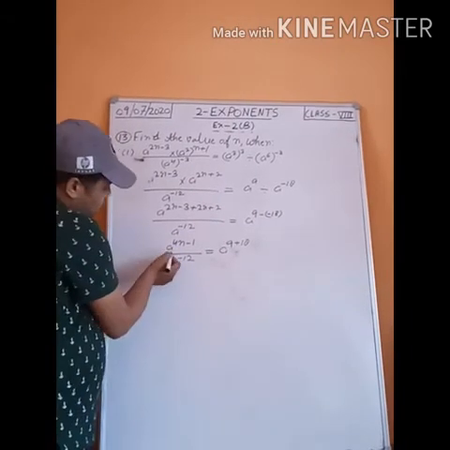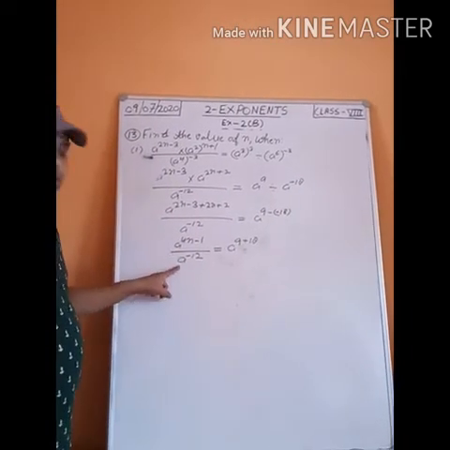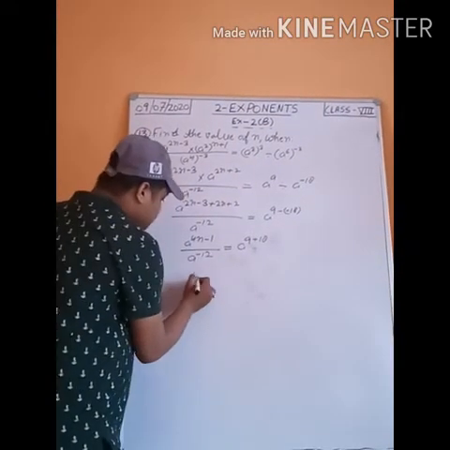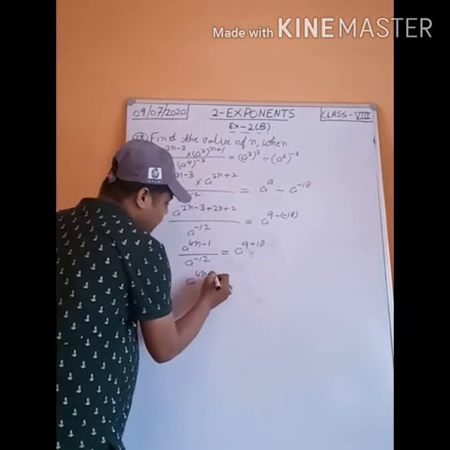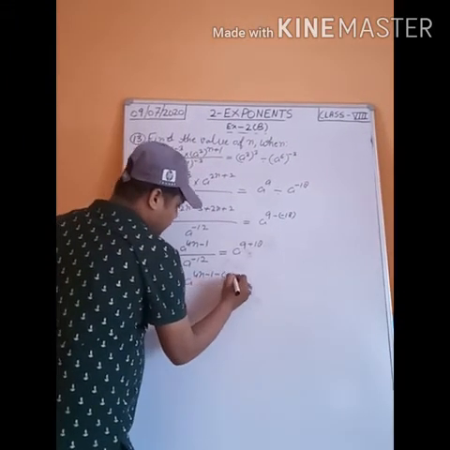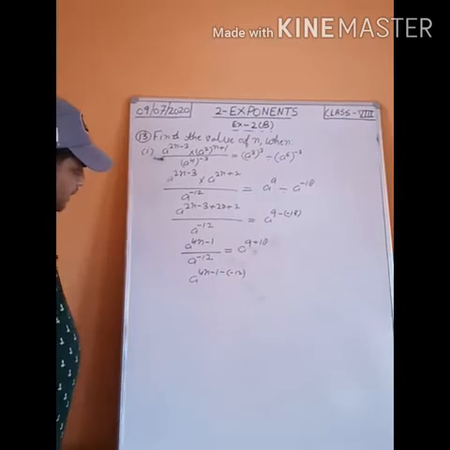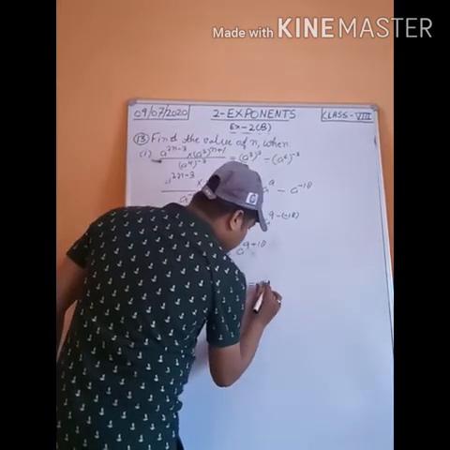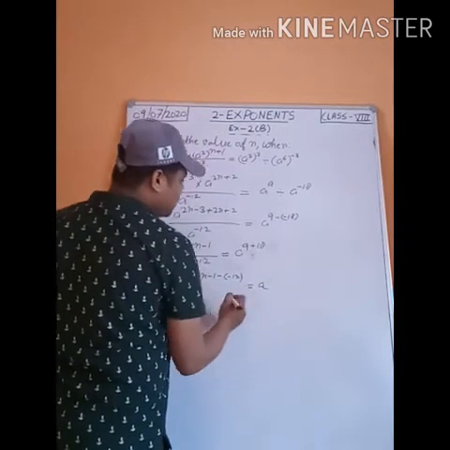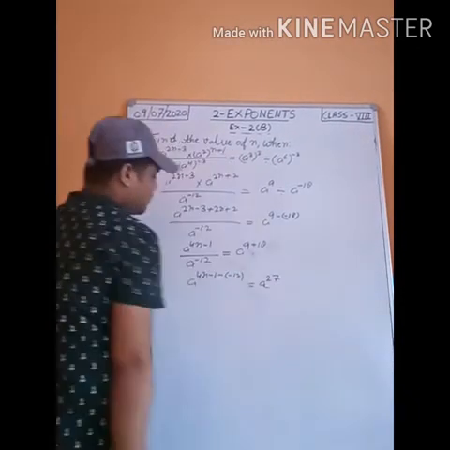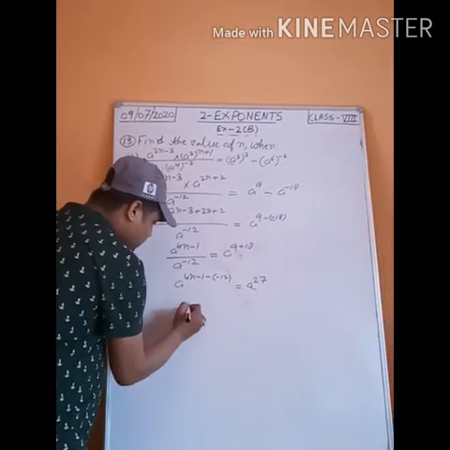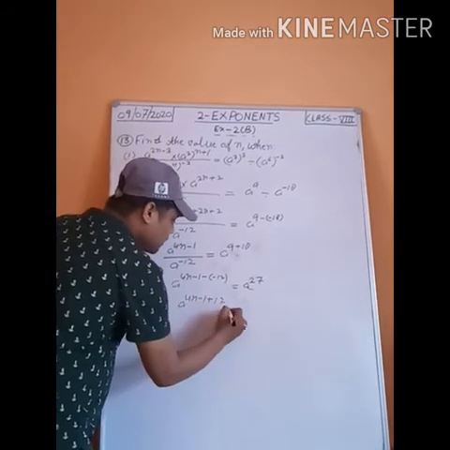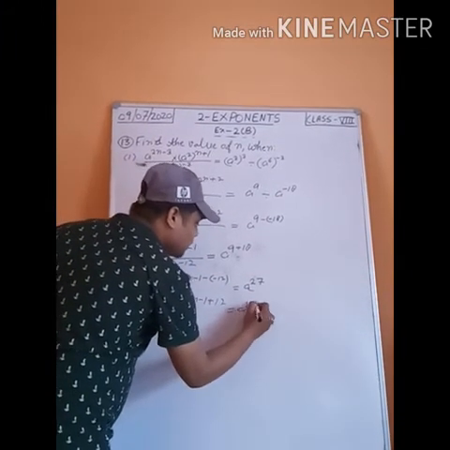So now you can see here bases are same, they are in divide, so we can subtract the powers. So a raised to the power 4n minus 1 minus minus 12 inside the bracket. 9 plus 18 is 27.